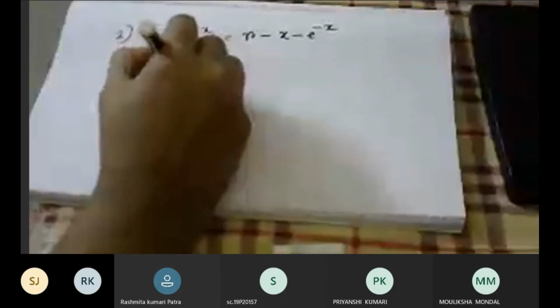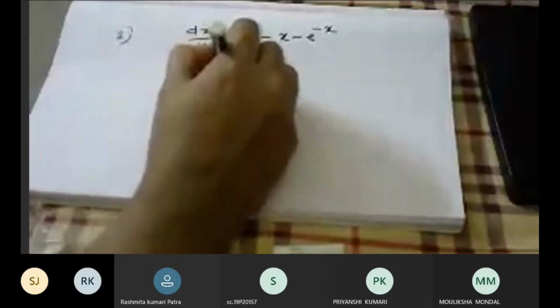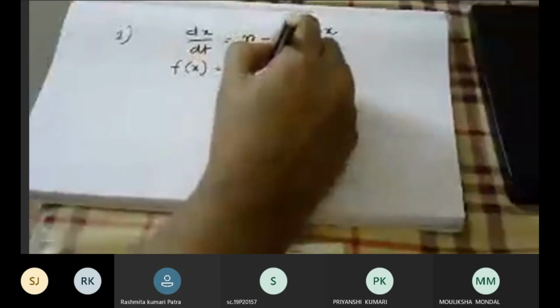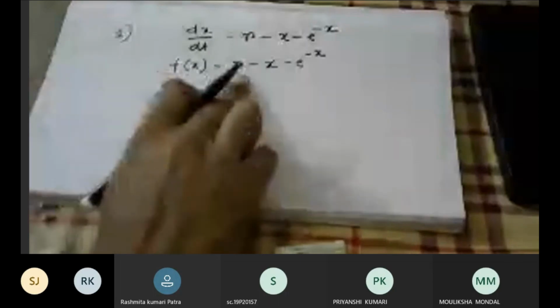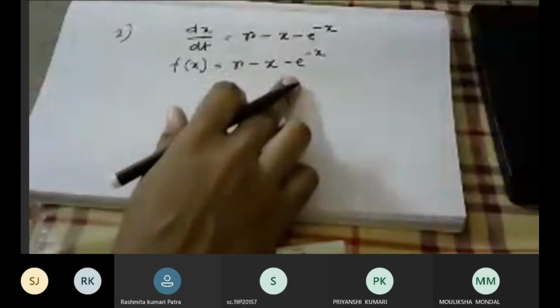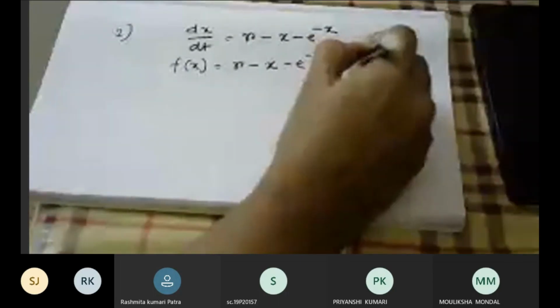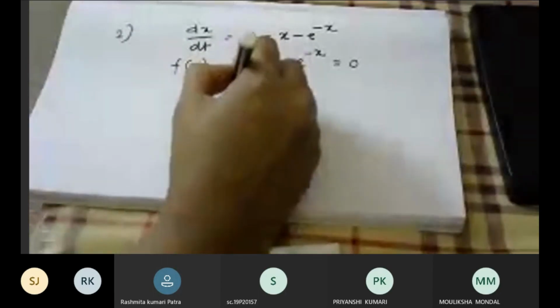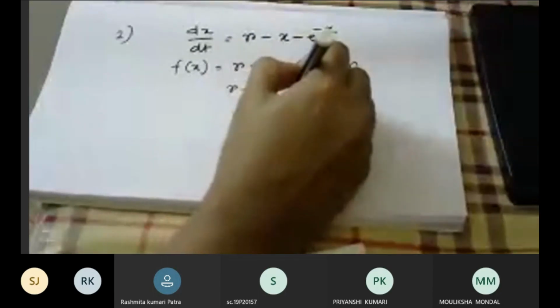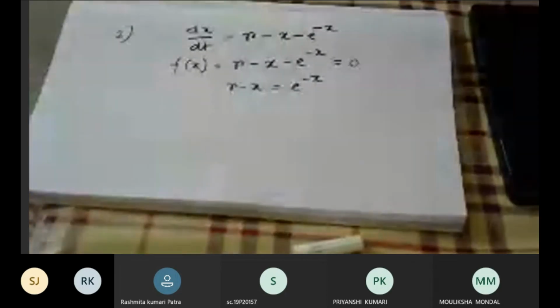So here I have f of x, that is your dx dt, that is the force field that I have, equal to r minus x minus e to the power minus x, right? And if I want to have a fixed point, I need it to be 0, right? That means r minus x should be equal to e to the power minus x, right?